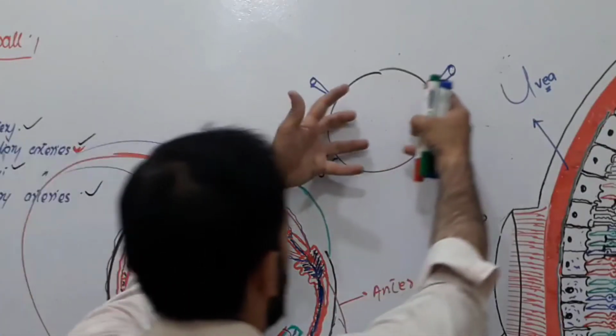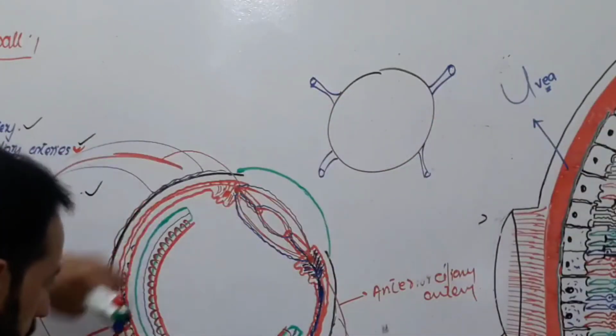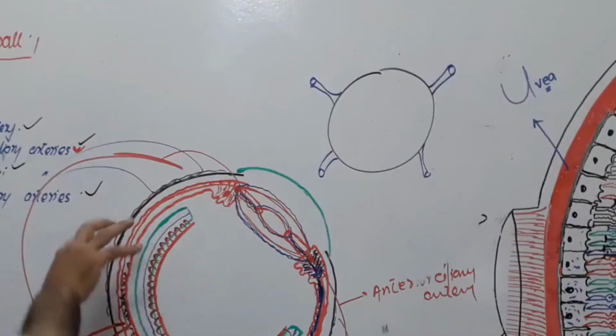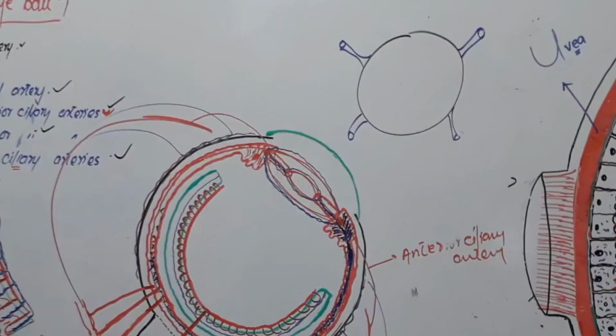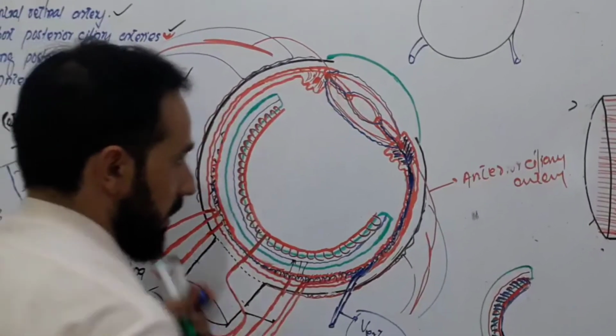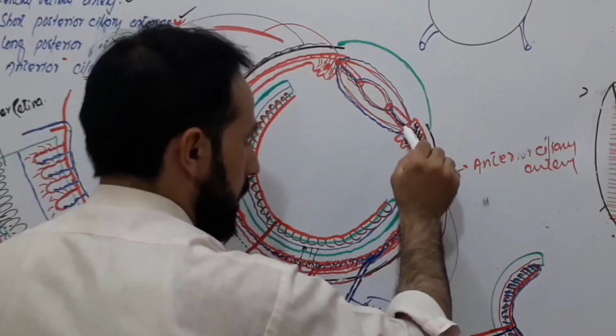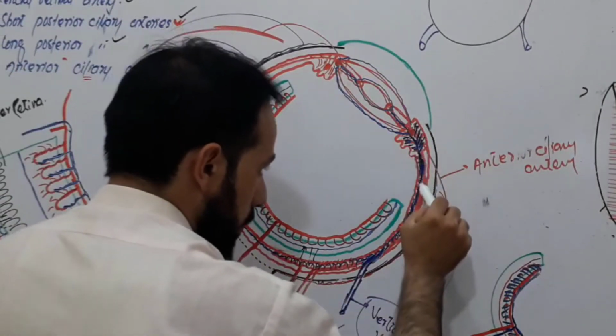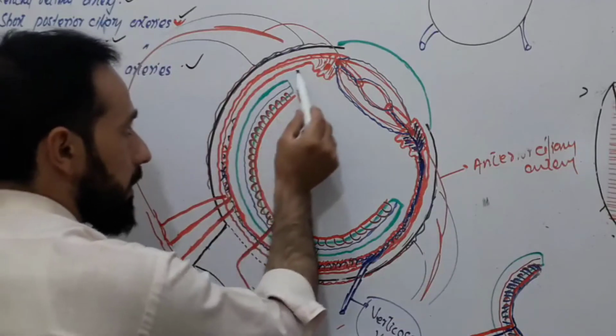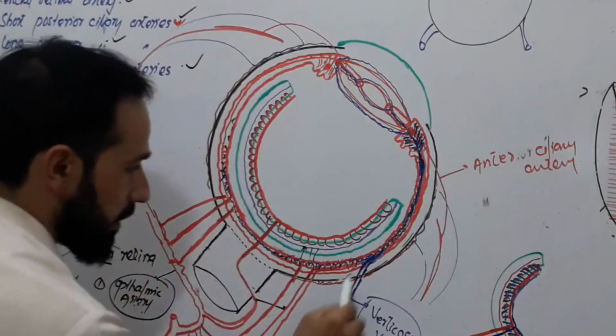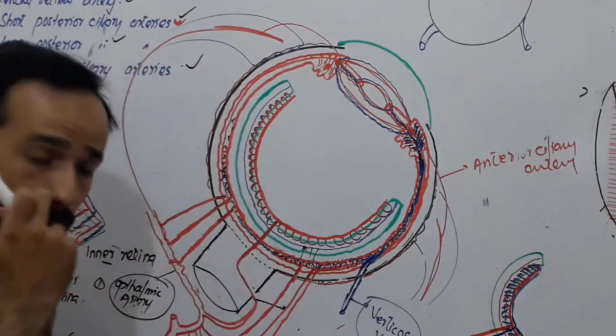So how many vorticose veins? Four vorticose veins will come out from this side, and lower and upper, and they will collect the blood. From which parts of the eye? From the iris, from the ciliary body, from the choroidal layer. They will collect blood and join together as the vorticose vein.